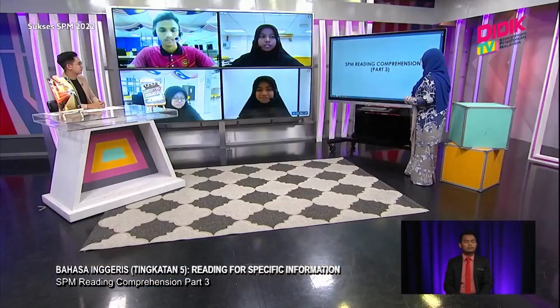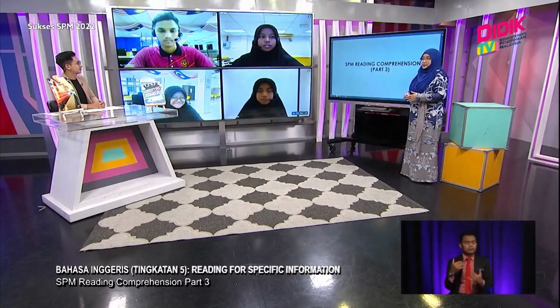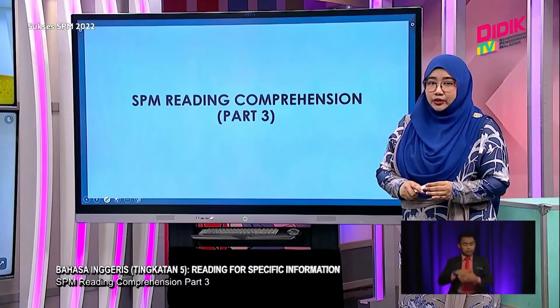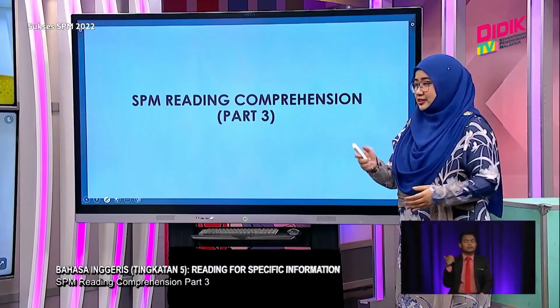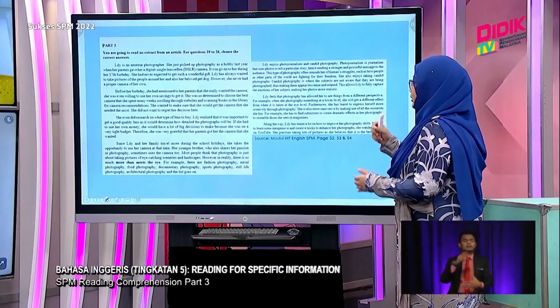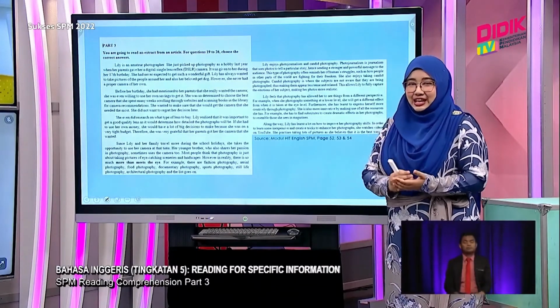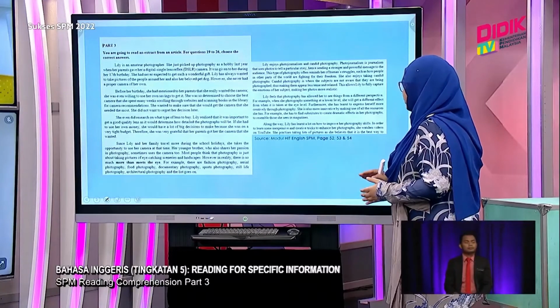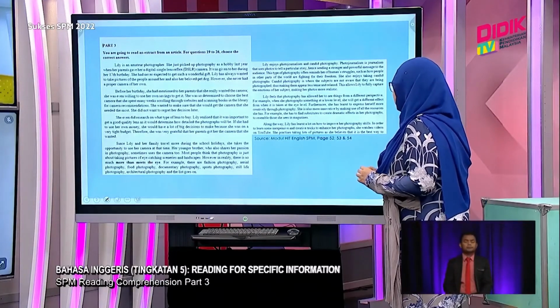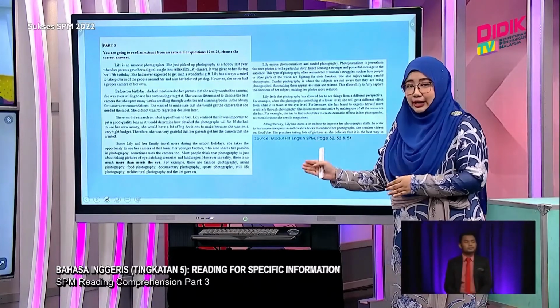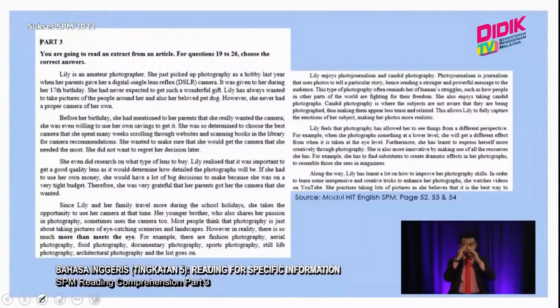Okay. So now we are going to focus on SPM Reading Comprehension. So in paper 1, this is part 3 where you've got the longer text. Wow, this is so long, teacher. Yeah, it is. This is the text, and it is taken from module Hit English SPM, page 52 till 54. But this module is exclusive to Sabak Bernam. But anyway, viewers at home, you can continue and do it with us as we go along.